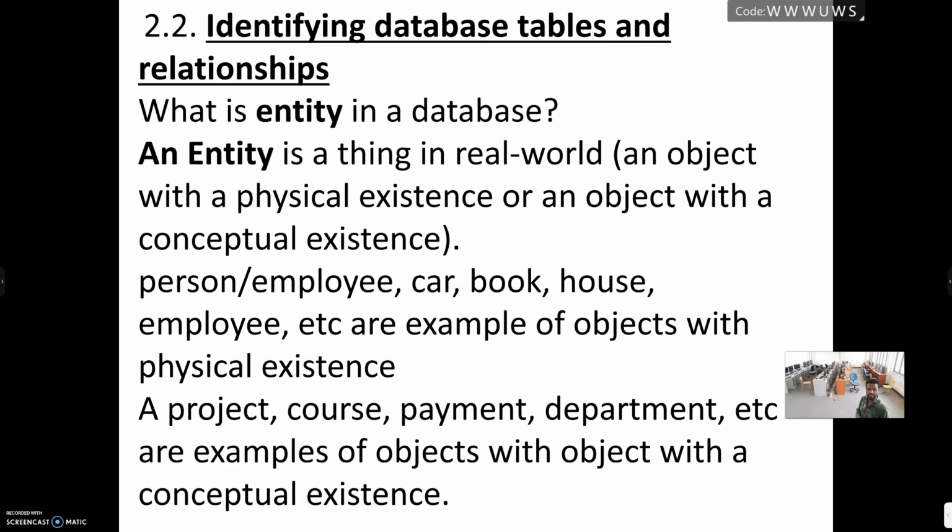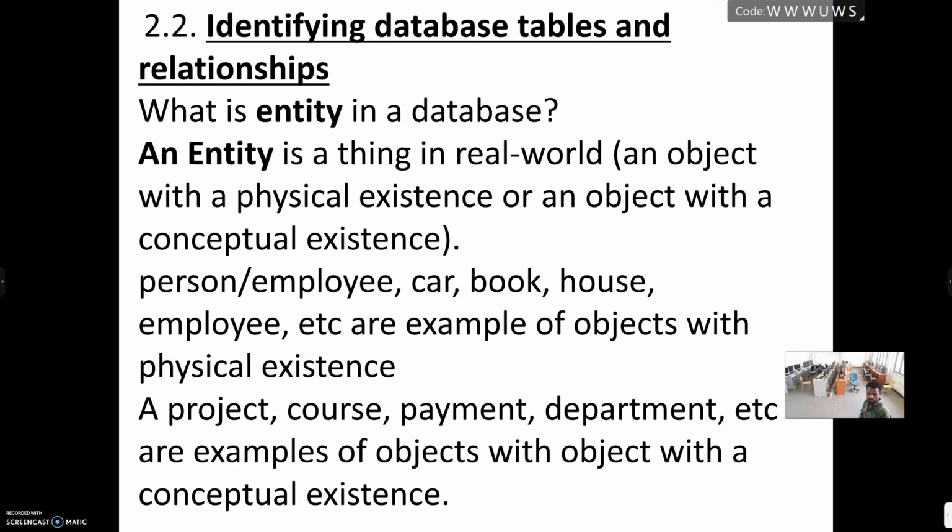What is an entity in a database? An entity is a thing or a real-world object with a physical existence or an object with a conceptual existence. For example, person, employee, car, book, and house are examples of objects with physical existence.